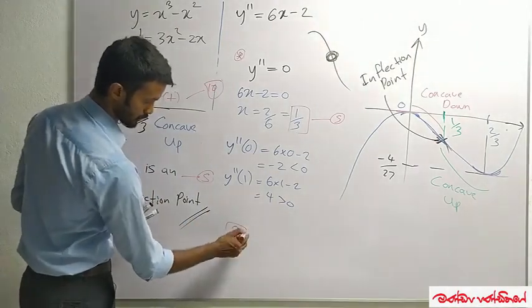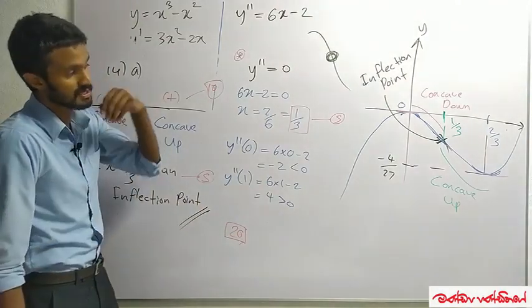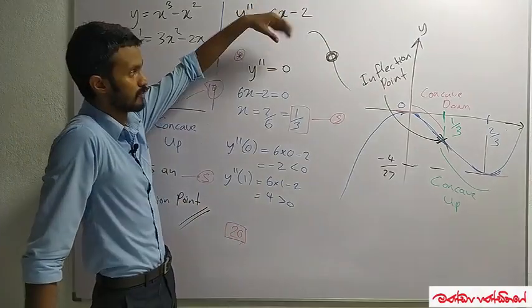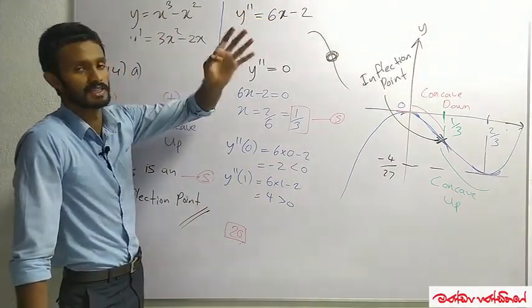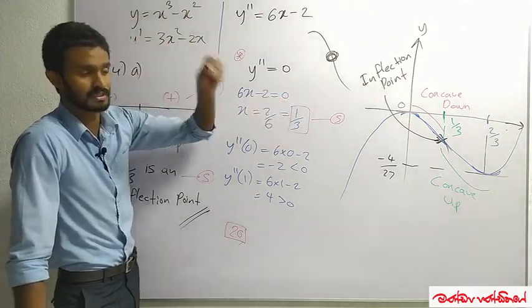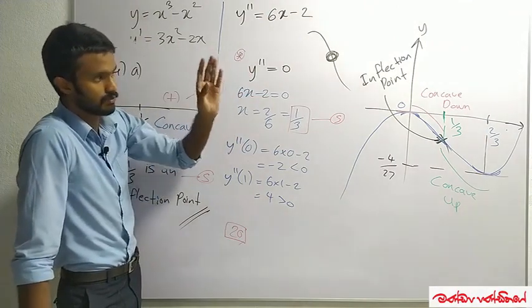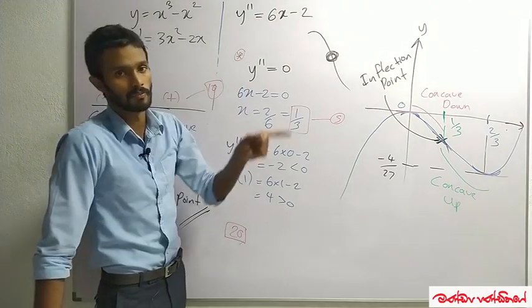But unfortunately, most of the students are taught that if there's any x value which gives y double dash equals 0, definitely it is an inflection point. That is totally wrong. The theory states that if there's any x value which gives y double dash equals 0, that point can be an inflection point.